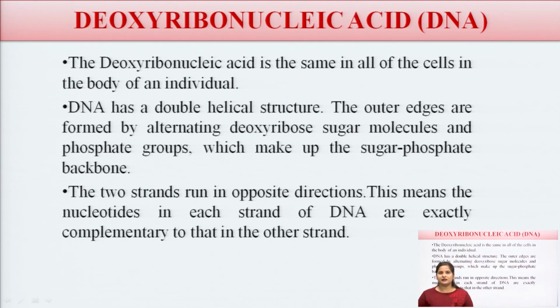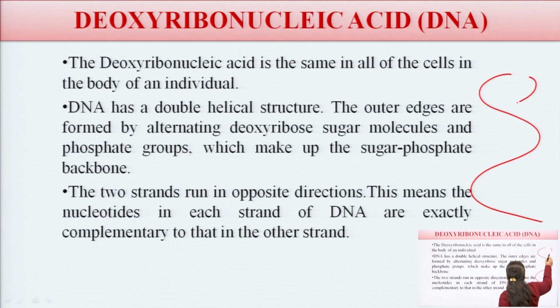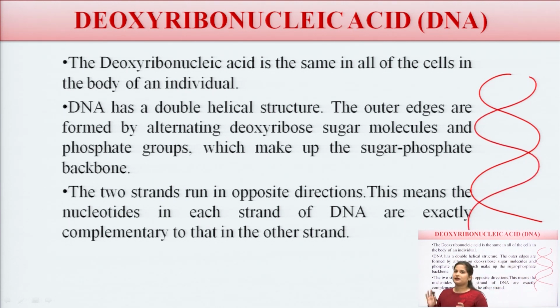DNA has a double helical structure. Double helical means it is just like this. This is single helical, and this is the ladder shape, meaning there is a ladder and it is rotated. So, it is a double helical structure.